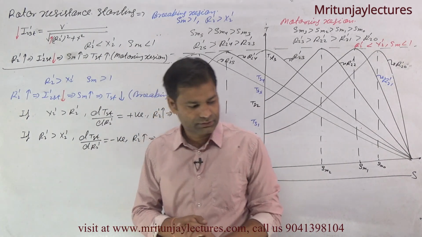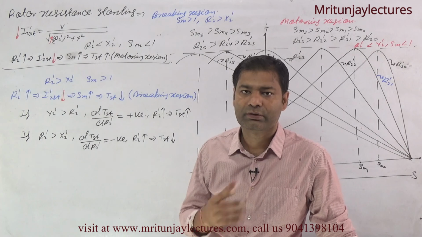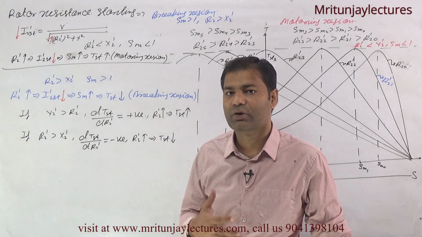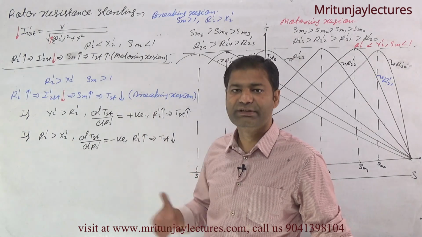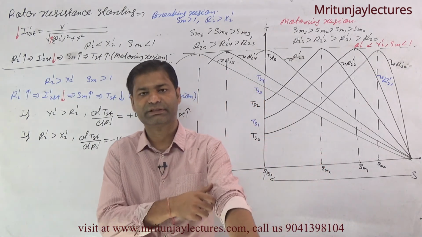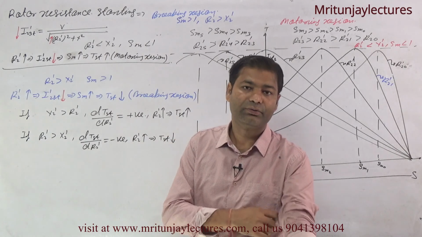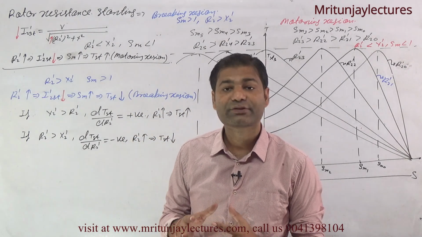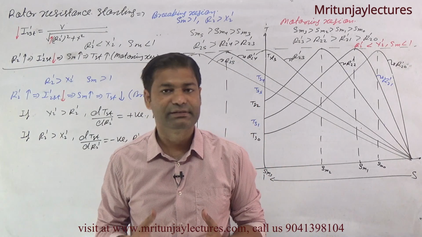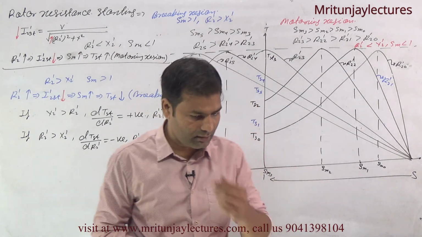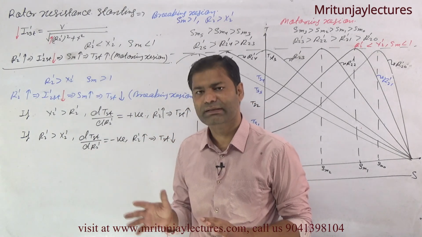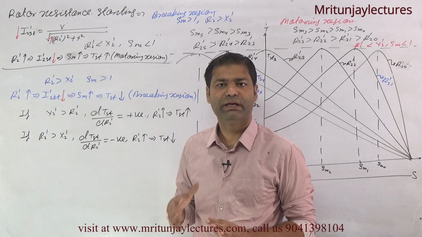Clear? So if you want to start a three-phase induction motor with the help of external resistance, this method is also used. If external resistance is added in each rotor phase, then starting torque increases and starting current decreases. After pickup, the rotor resistance loss I square R increases if it remains connected.